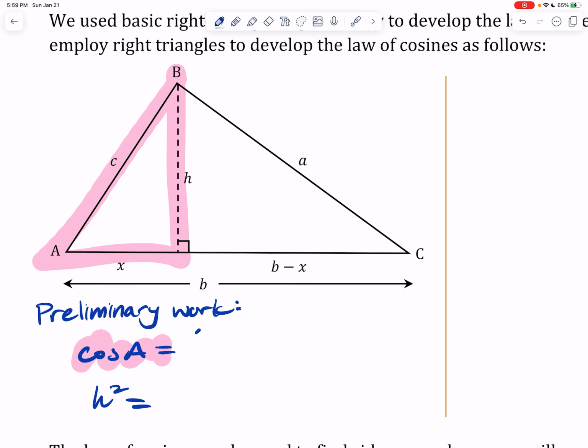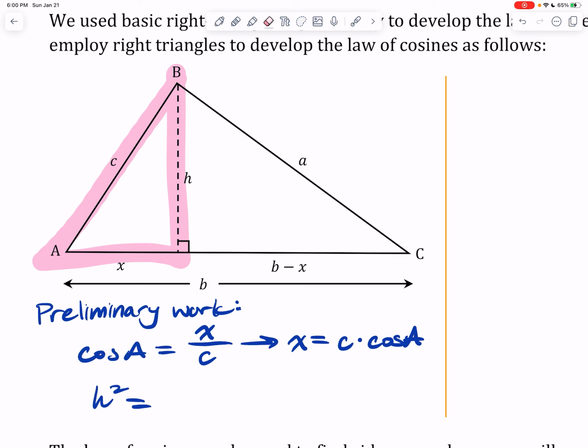So cosine of A is x over c. And if we rejig that a little bit, isolate x, we're going to multiply both sides of that by c. So x is equal to c times cos A. And that is that part done.